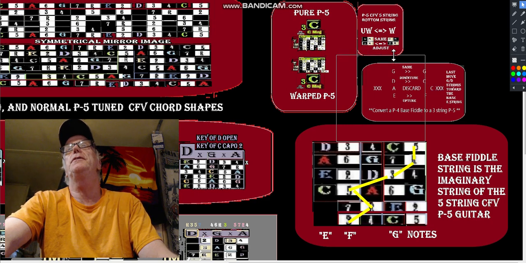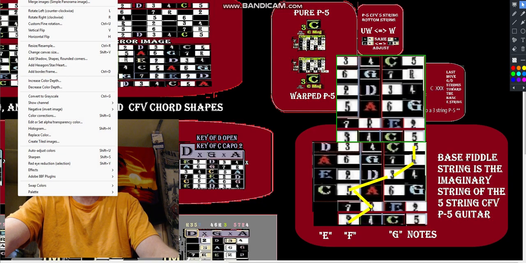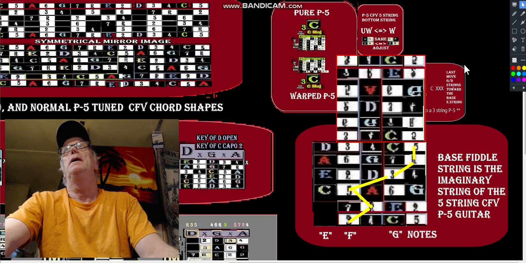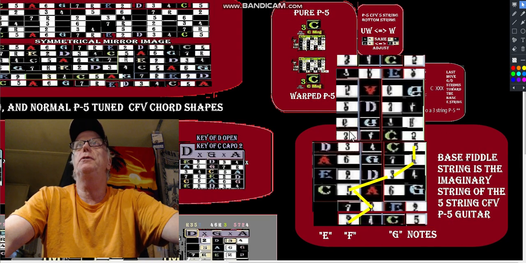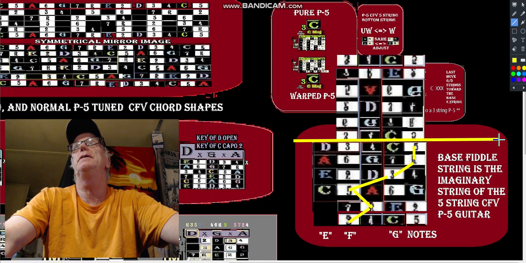You can only do this in IrfanView. So there it is, but now I'm going to vertically flip the image. If you can deal with looking at the numbers upside down, we're going to see our C chord here. So this is the mirror right here.